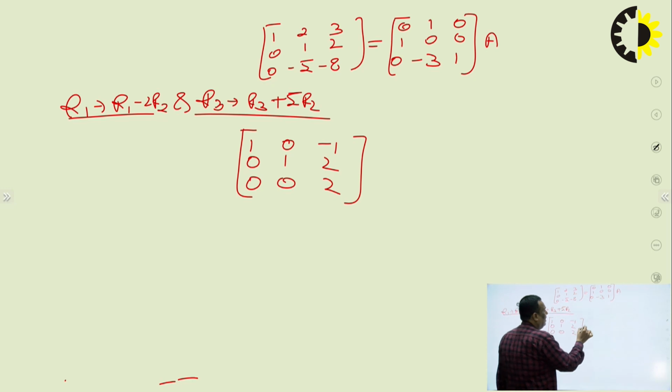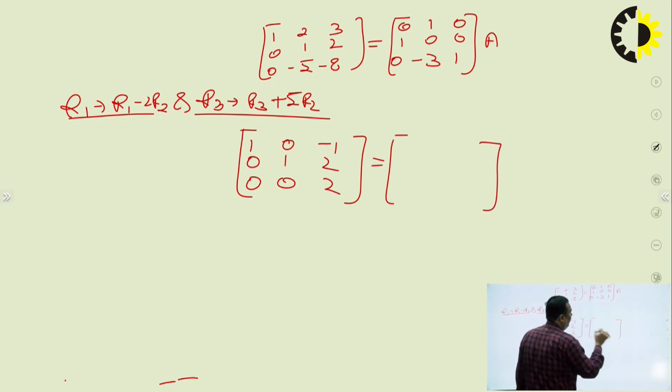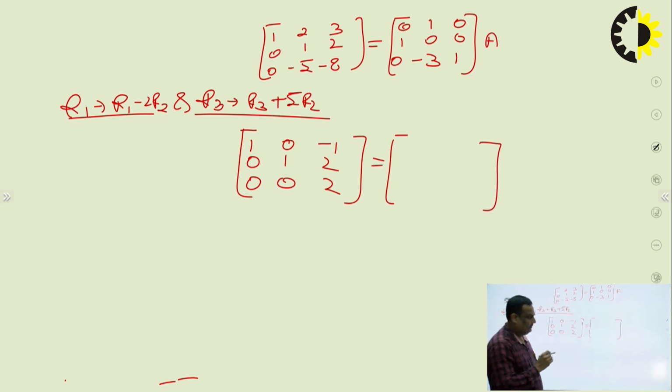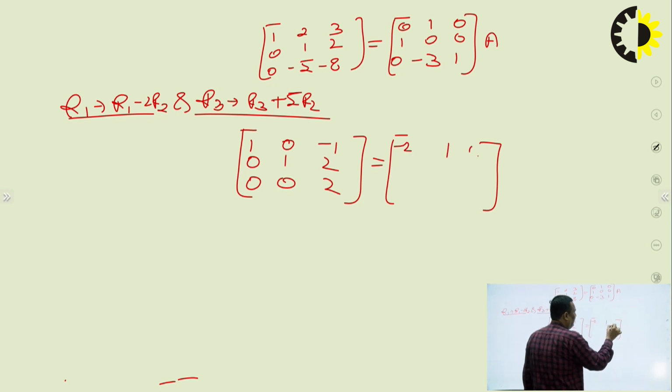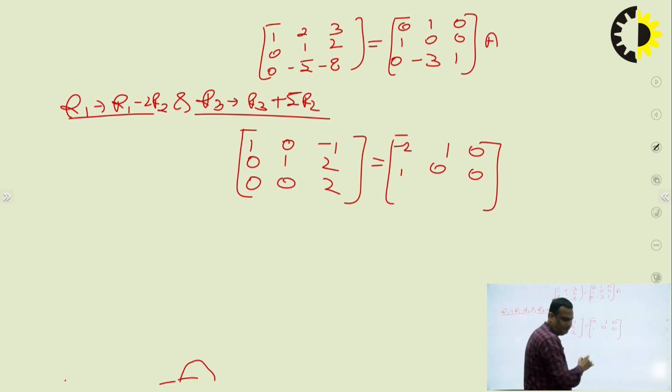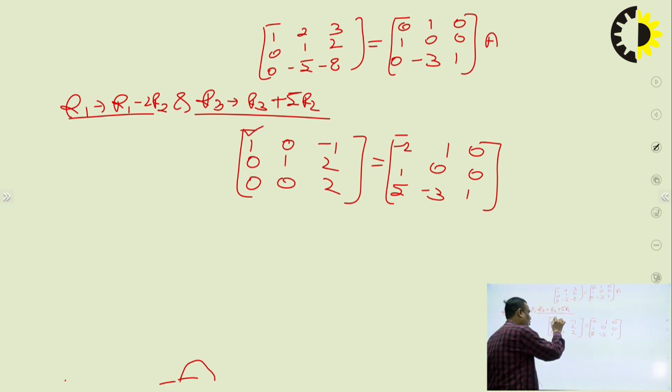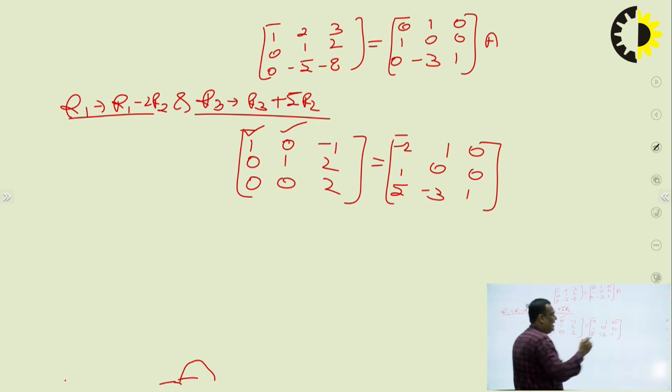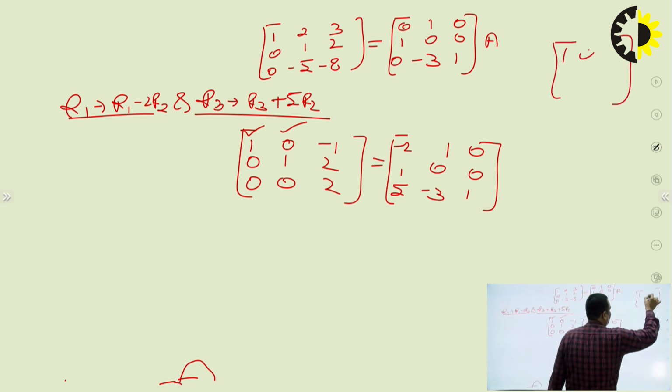The same operation is applied on the right hand side, and the right hand side output is minus 2 1 0, 1 0 0, and 5 minus 3 1. Okay. Now two columns are completed, 1 0 0 and 0 1 0, and the last column should be 0 0 1.